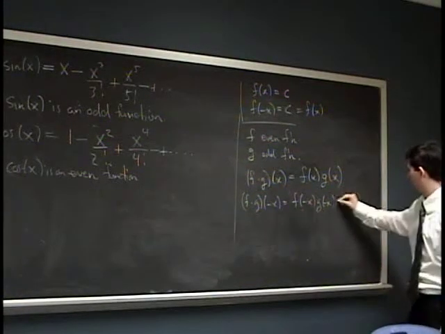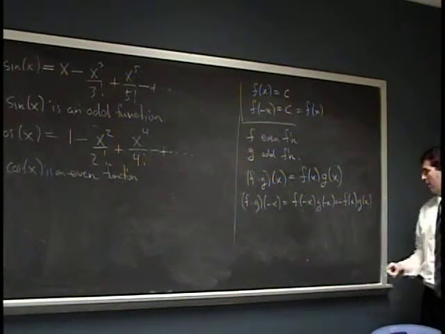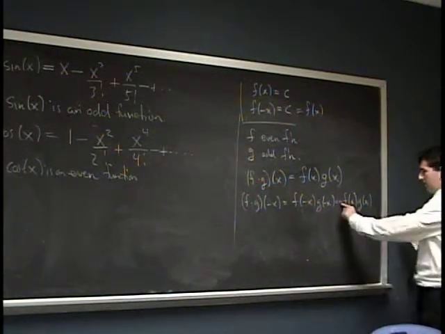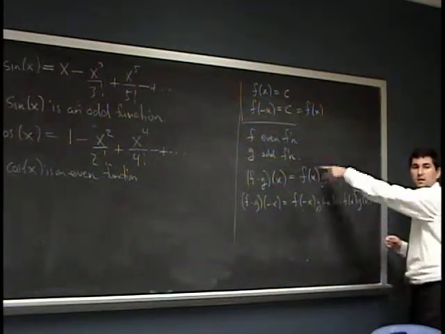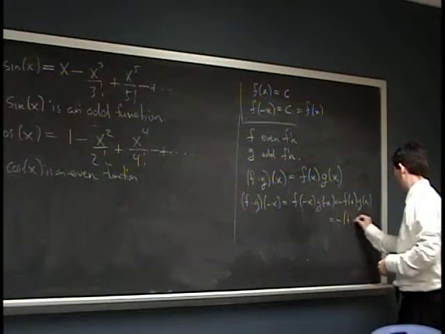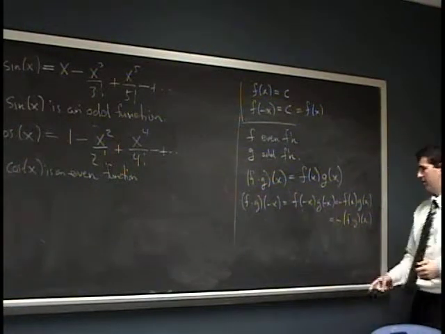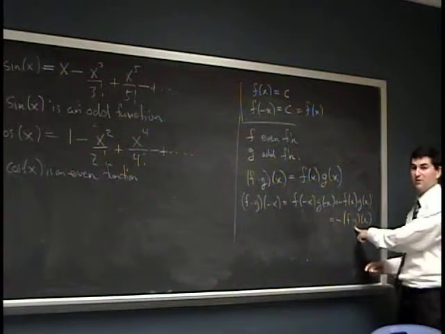I'll move the minus to the front. But of course, this minus f of x g of x is the negative of f times g of x. So what kind of function is f times g? It's an odd function.